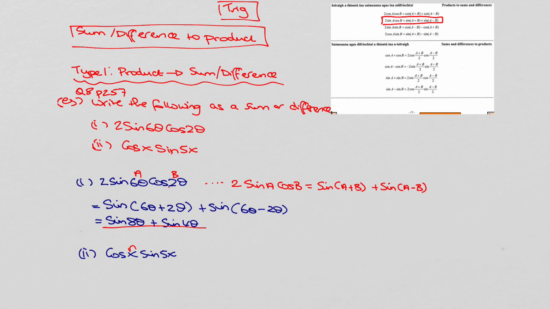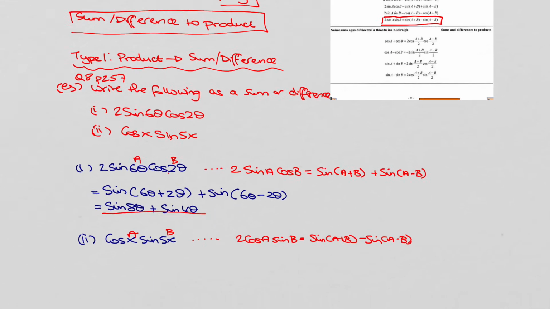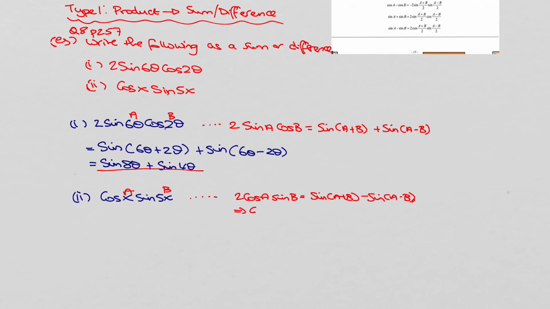Again, if I write A and B over my angles, I have cos A sine B. Now if we go to the top of our maths tables, page 15, we have a 2 cos A sine B, but we don't have a cos A sine B. So I know that 2 cos A sine B is equal to sine of A plus B minus sine of A minus B. So if I divide across by 2, I can get cos A sine B. In other words, it's just a half of all of that.